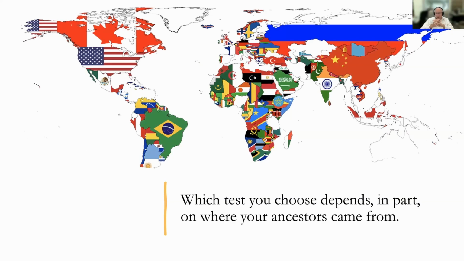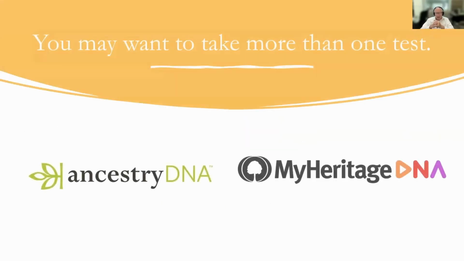So we're far from the point where, if your family came from a country in Indonesia, for example, or the Pacific Islands, probably not that many DNA tests and probably not that many records are available. So determining that also determines which test you want to take. And then you may want to cover your bases. And I would suggest this: I would suggest taking more than one DNA test.